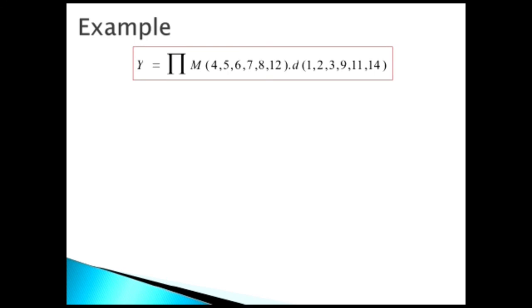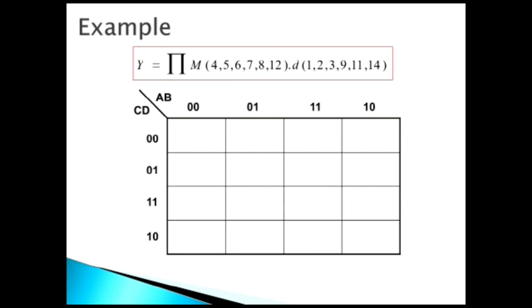Now let us discuss the don't care term with the product of sums. It is the case of max terms. Again, it is a case of 4 variable K-map. We will place the max terms at location 4, 5, 6, 7, 8 and 12.